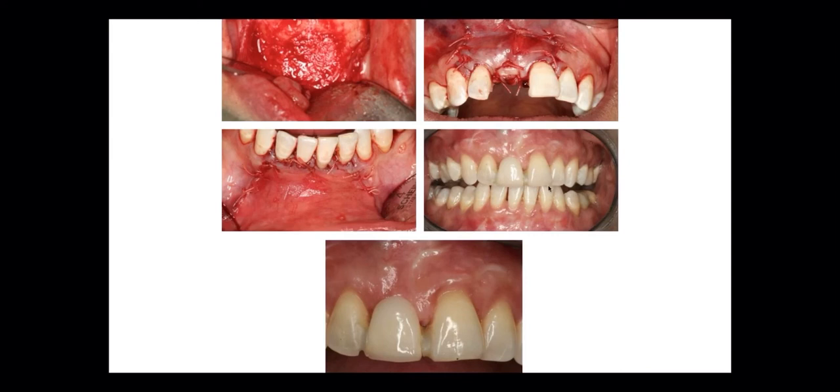The temporary was placed, always a fixed temporary over the bone regenerated area, and never a removable one, never, never, never. So here we placed a fixed temporary crown, which is a Maryland bridge, away from the gum.